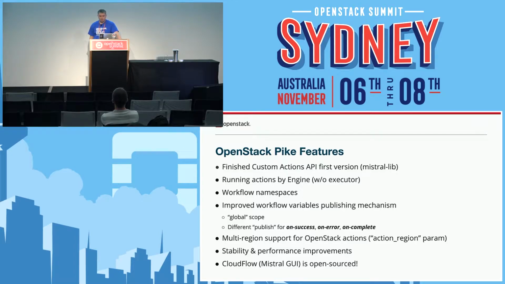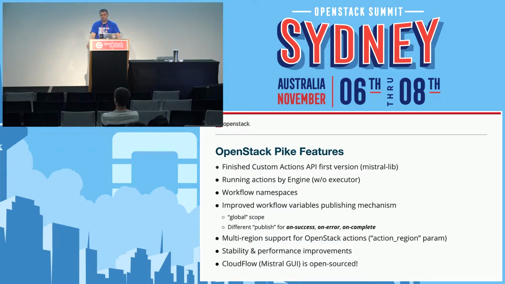Up until recently, it was a pretty non-structured way of doing this custom actions development, meaning that we had some classes within the main Mistral source code, and users who wanted to create custom actions just had to inherit from those classes. That was not really convenient because it was not even obvious what they could use and what they could not use, what kind of dependencies they could use.